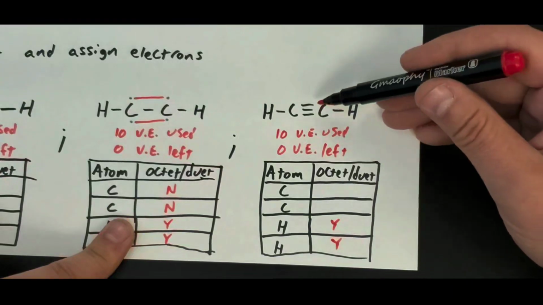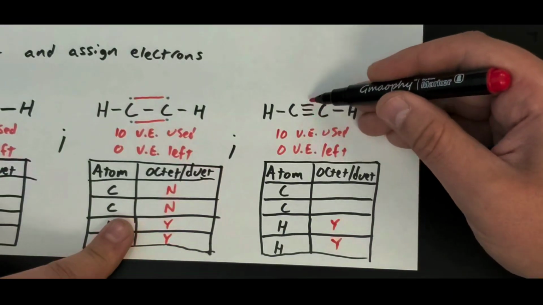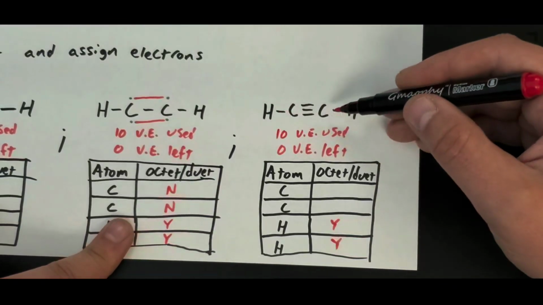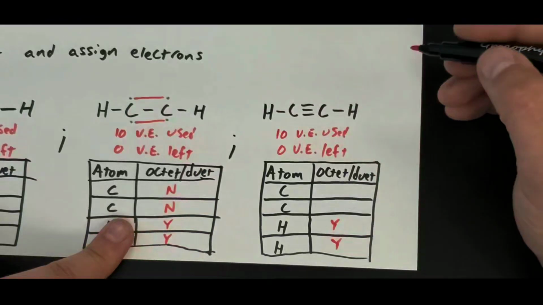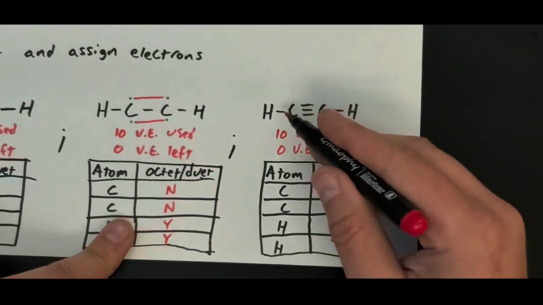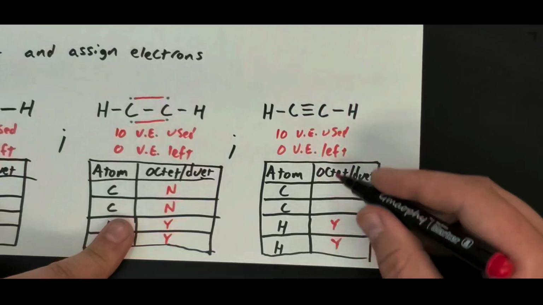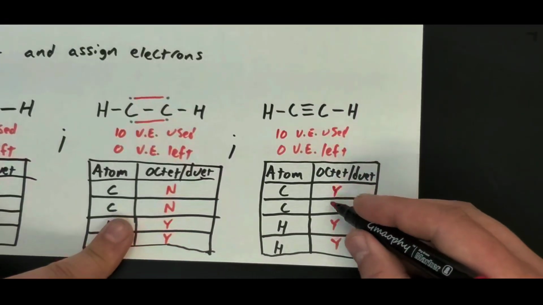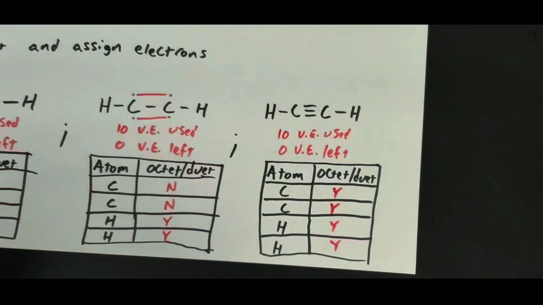And for the carbons, we have 2, 4, 6 from the 6 valence electrons just from this triple bond, and then 2 from the bonds to the hydrogens. So now we have 2, 4, 6, 8 for this, and 2, 4, 6, 8 for this carbon. So our octet rule is satisfied.